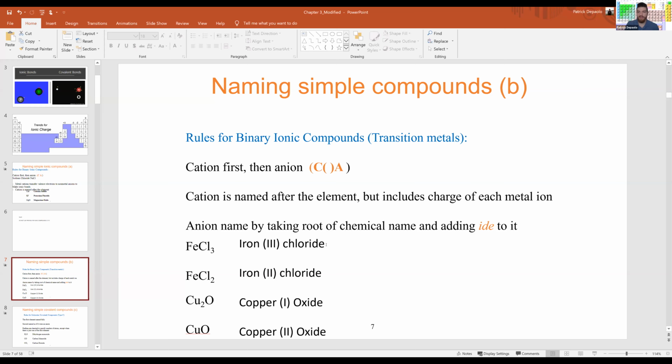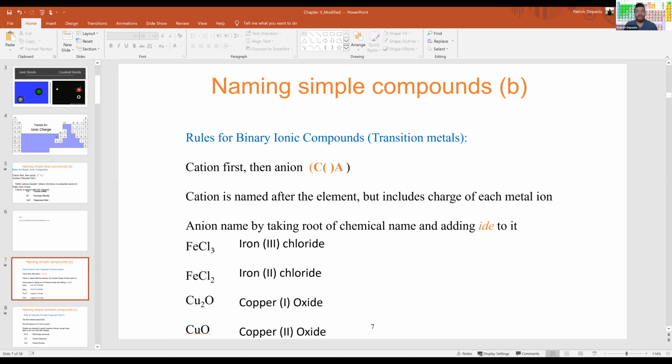Anything? No? Okay. So iron 3 chloride. Let's break this down. Iron, Fe, it's the metal. Easy. The 3, we'll get to it in a minute. Chloride, Cl, we got it. Now let's look at the compound formula, FeCl3.